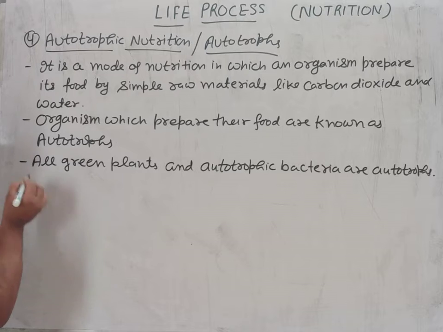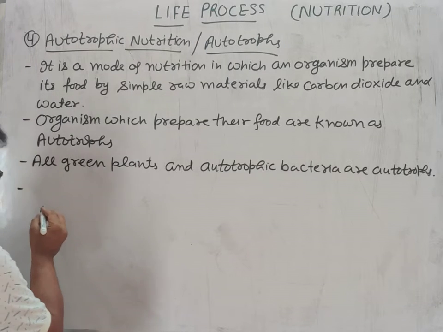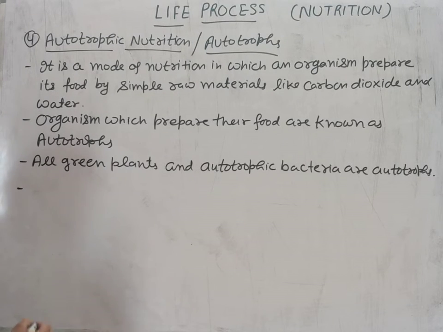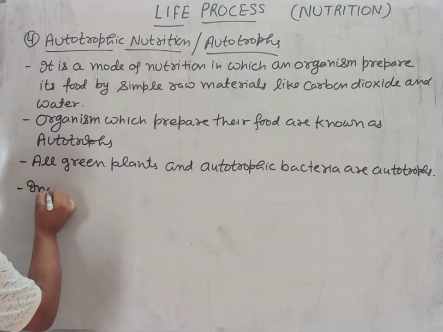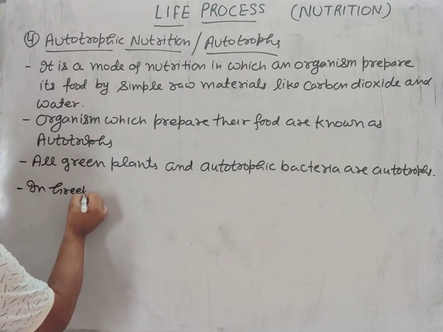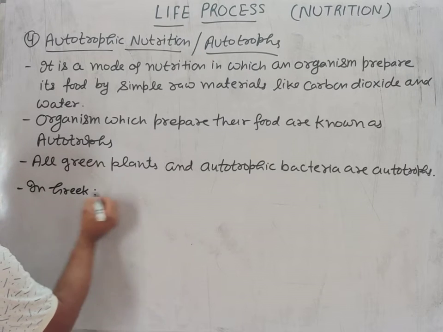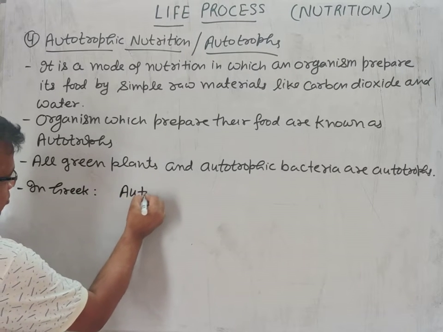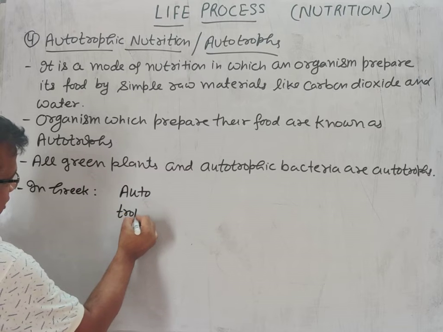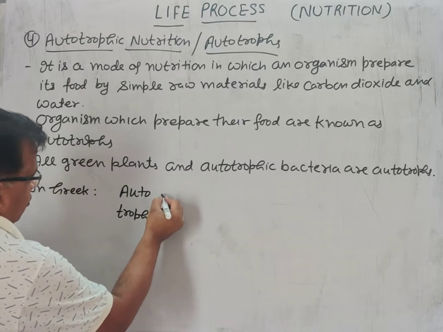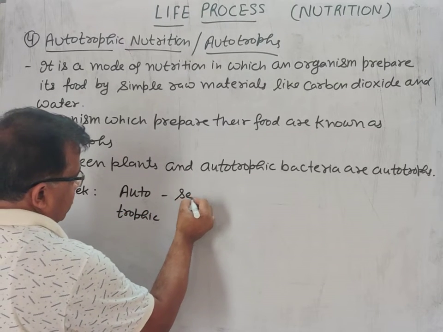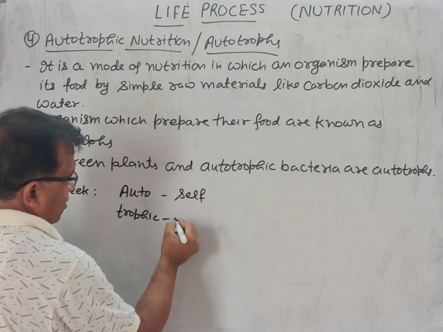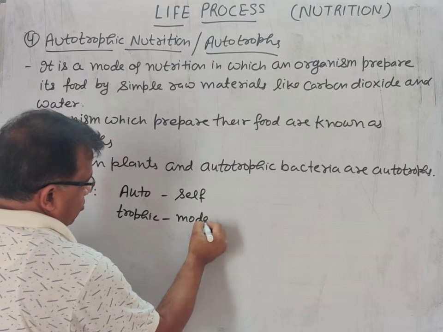And I think you know that in Greek, auto means self and trophic means nutrition. In Greek, auto and trophic. Auto means self and trophic means mode of nutrition.